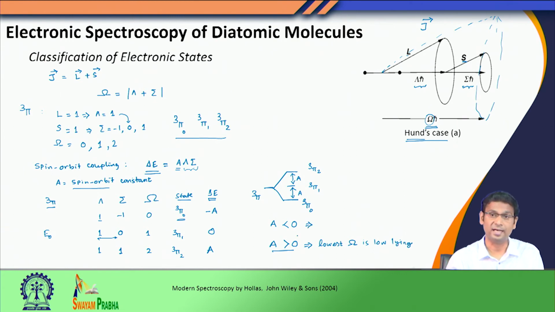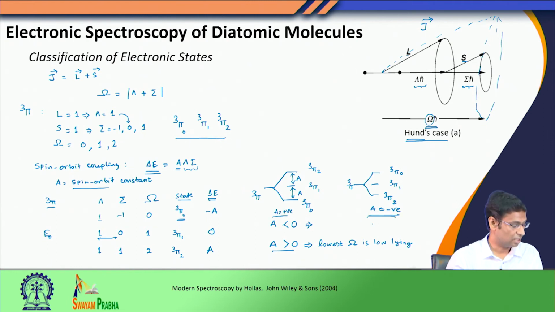When A is negative, in that case what happens? We get the inverted situation. So, in this case triplet pi, when A is negative, and this is the situation when A is positive.